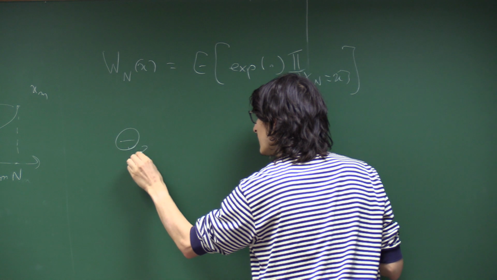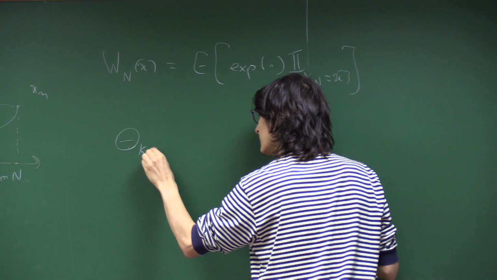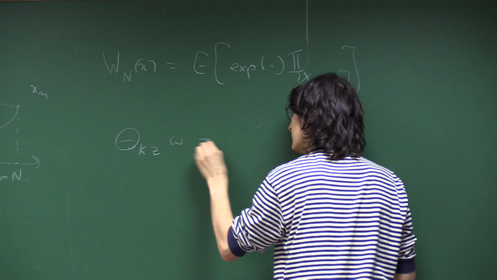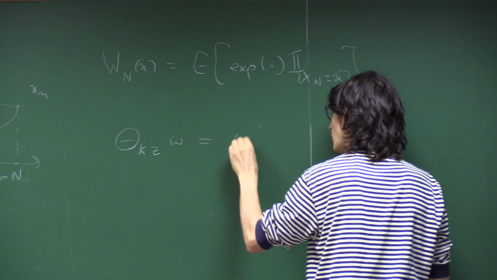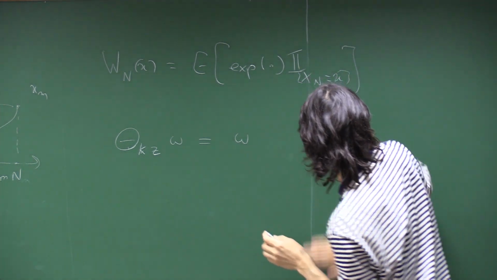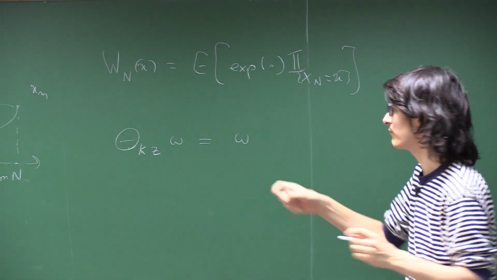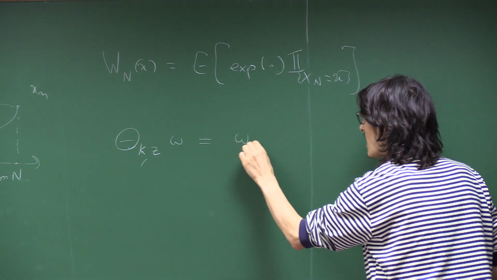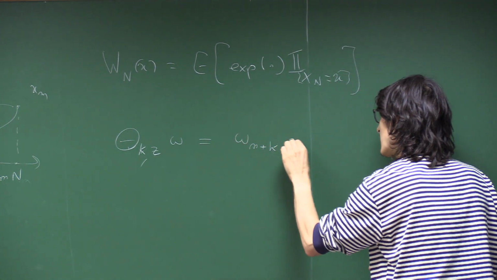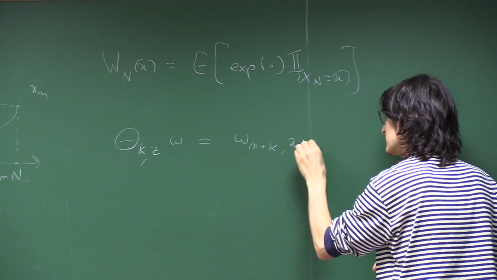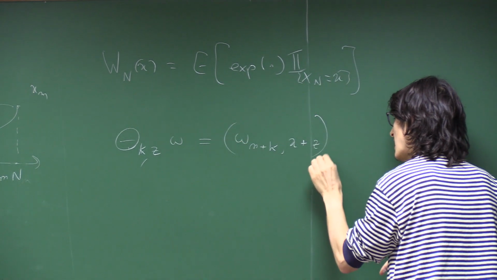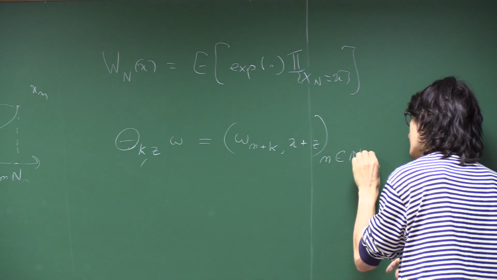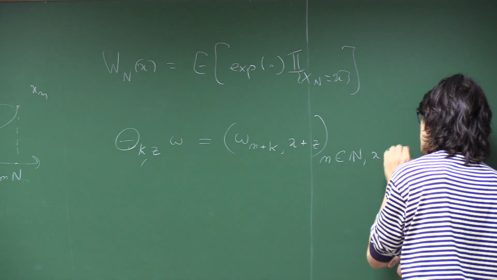Theta k z of omega, this is just omega, the environment omega, but you look at it seen from the point kz. So it's omega n plus k x plus z, n in N, x in Zd.